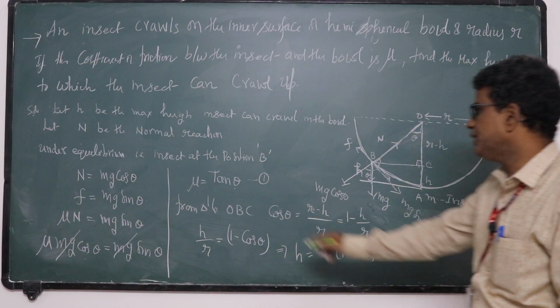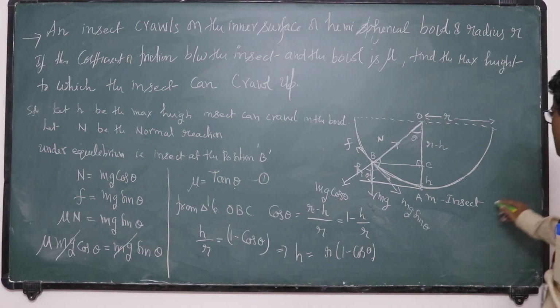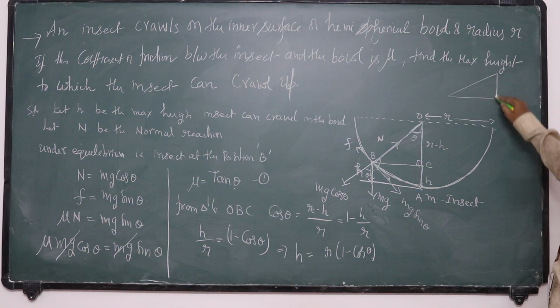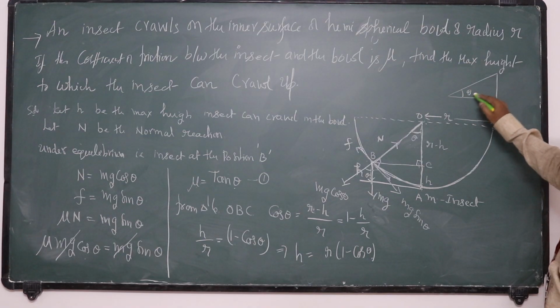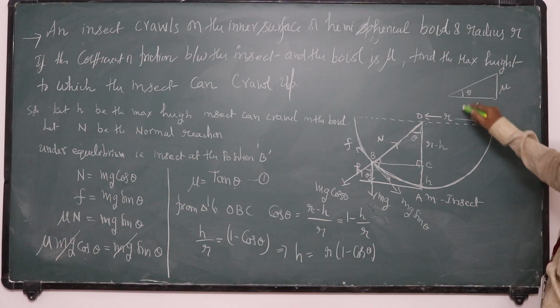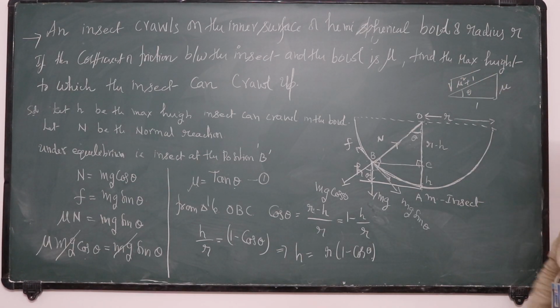So you have to convert it in terms of mu. If tan theta is equal to mu, see, this is theta, so this is mu by 1, then the hypotenuse becomes square root of mu square plus 1.